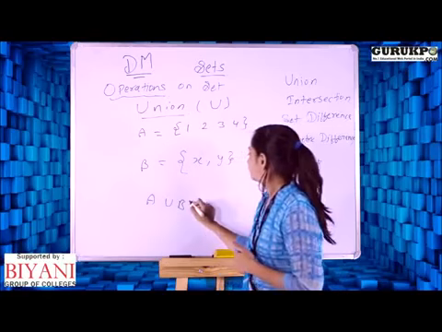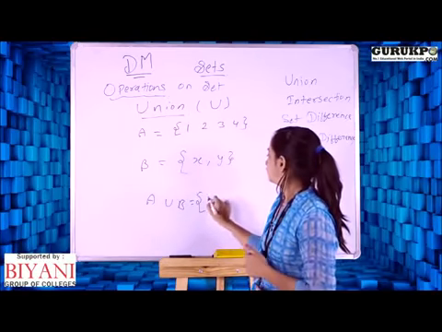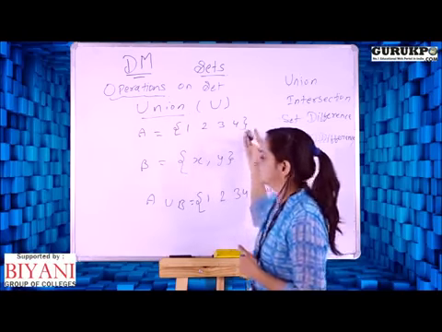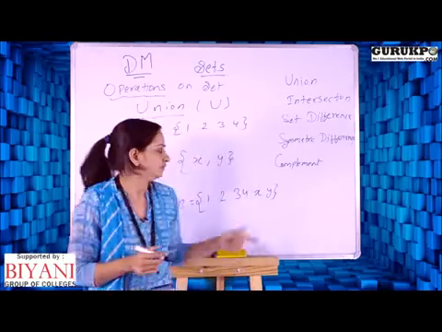So the union will be 1, 2, 3, 4, X and Y.